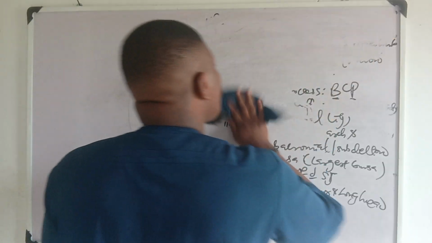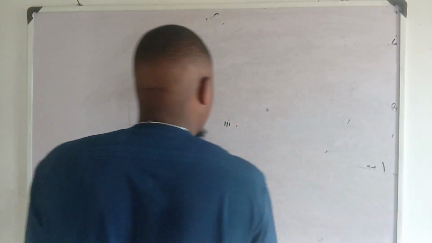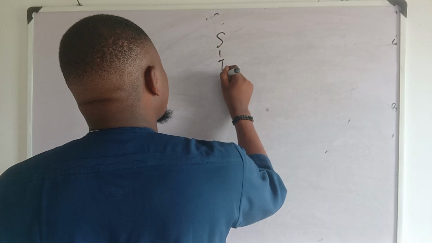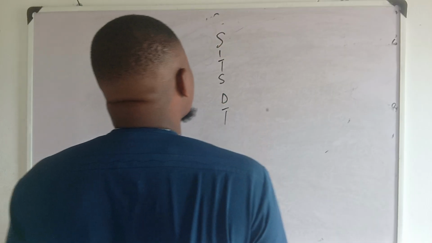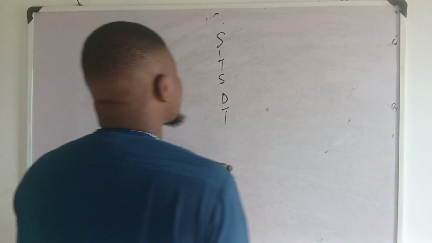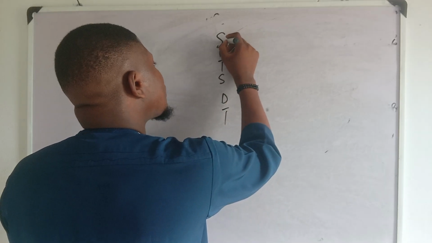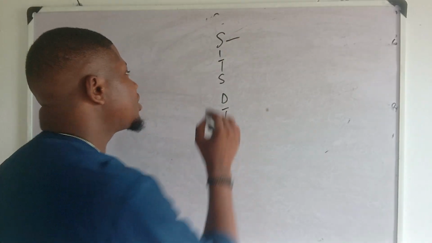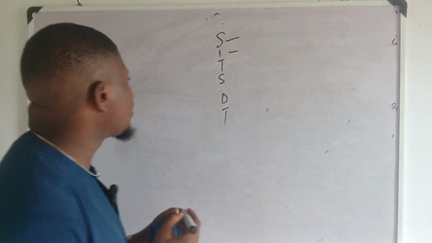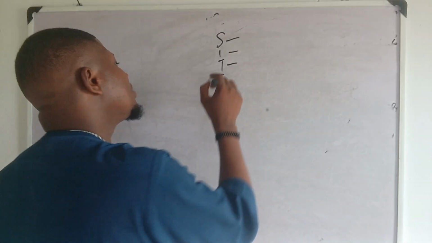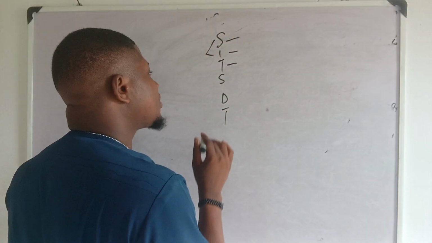Then let's do a quick recap. Look at SITS and deltoid. You already know supraspinous fossa is the origin of this one, and infraspinous fossa is the origin of this one. This one is the upper two thirds, which means these have similar origins.